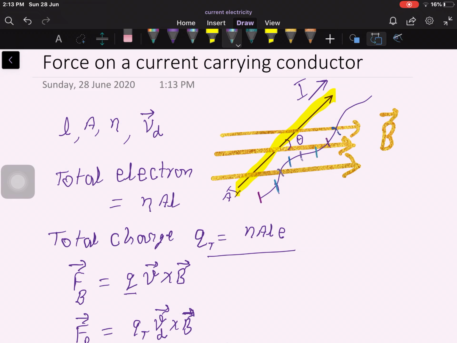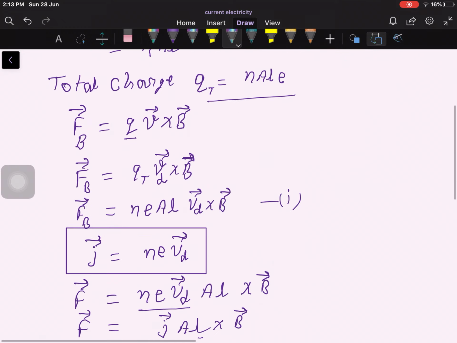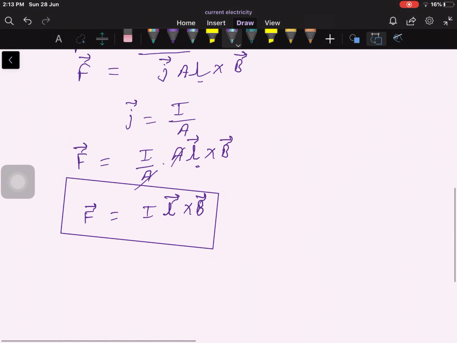Then we'll calculate the Lorentz force for these straight portions only, and then add all these forces due to small elements in vector form, and then we'll get the net force on the irregularly shaped current carrying conductor when it is placed in a magnetic field.